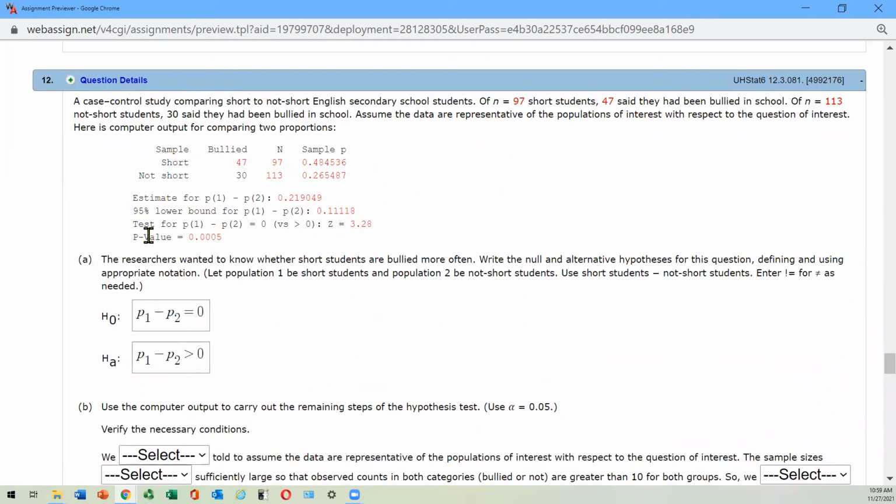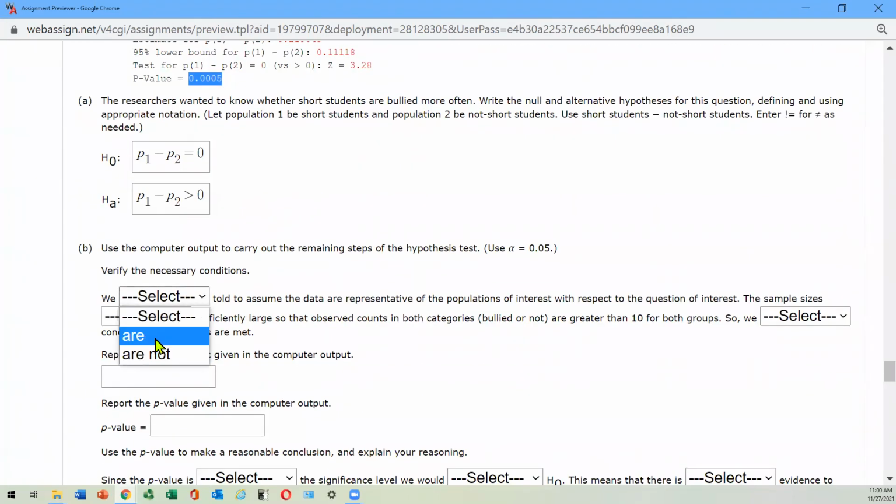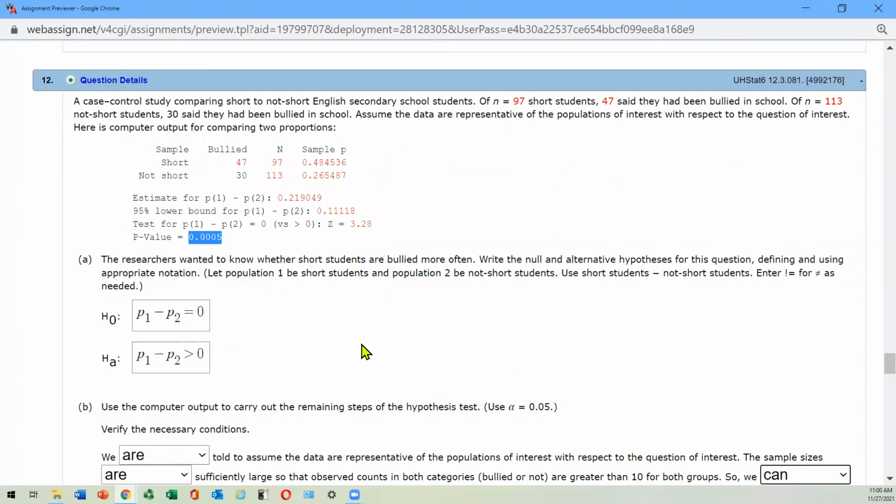Now, if you look at the information that's already given to you, the p-value here is tiny. So we are told to assume that the data represented, the sample sizes, are sufficiently large in both groups, and so we can conclude that the conditions are met.